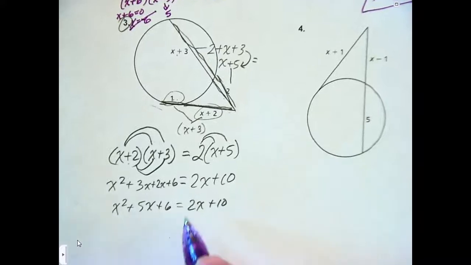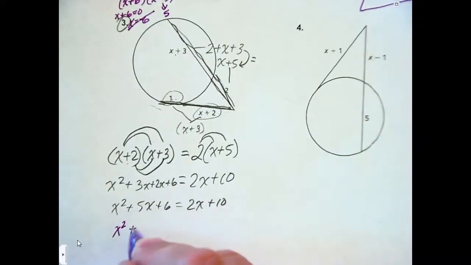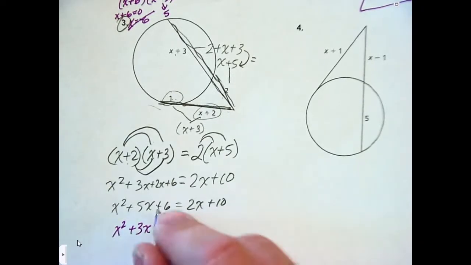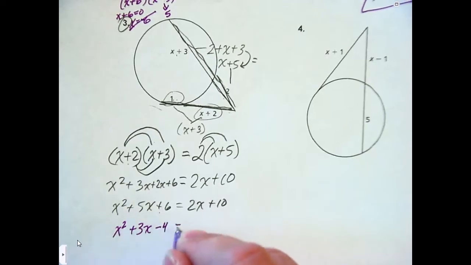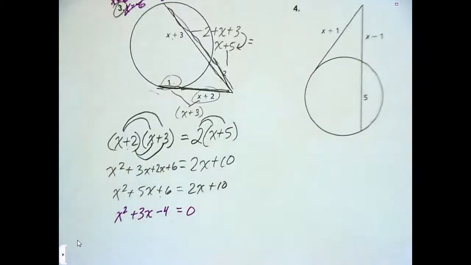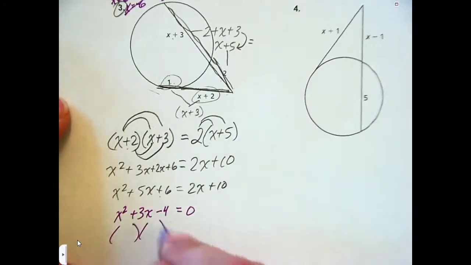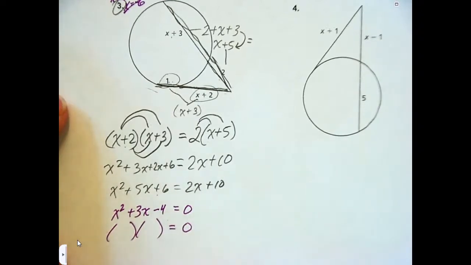Okay? Move that 2x over. You get x squared plus 3x. Move that 10 over. Subtract 10, you get negative 4 equals 0. Then we have to factor two things that multiply to make negative 4 and add to 3.